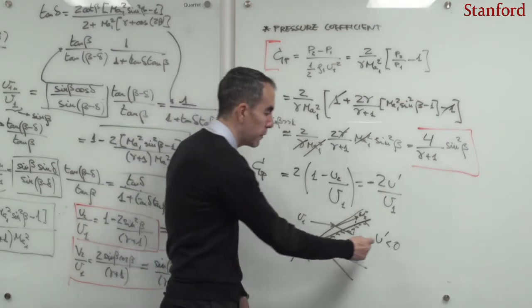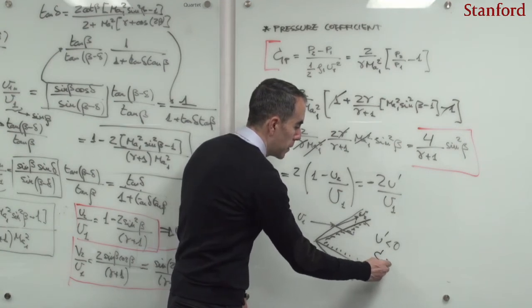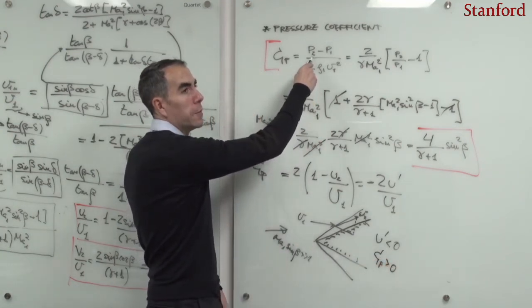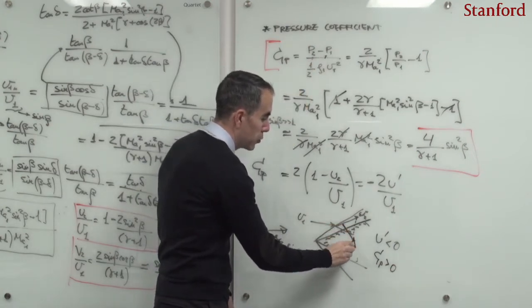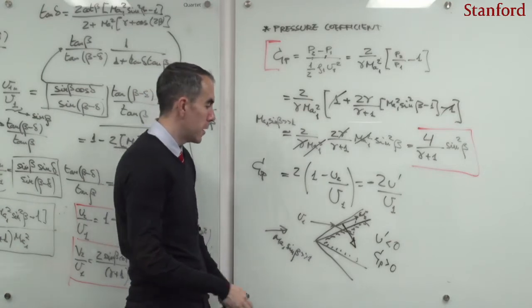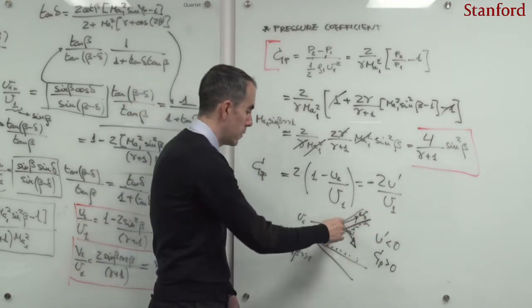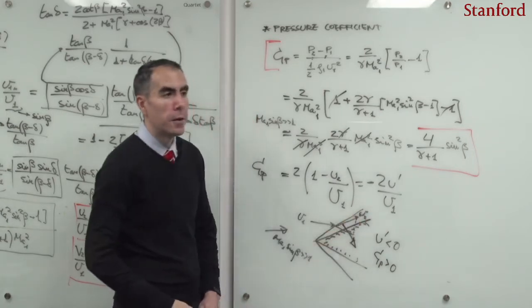So this negative velocity disturbance generates a positive pressure coefficient and a positive pressure jump. And that generates a force on the wedge, and as a result, it generates a wave drag. So it is called a wave drag, that is only due to the pressure downstream of the shock.